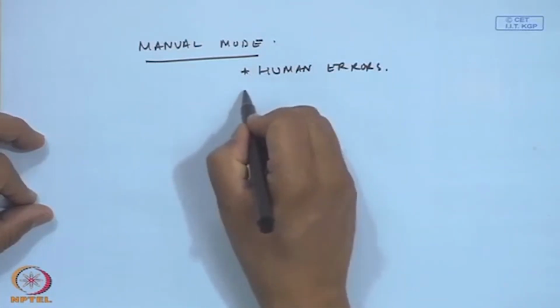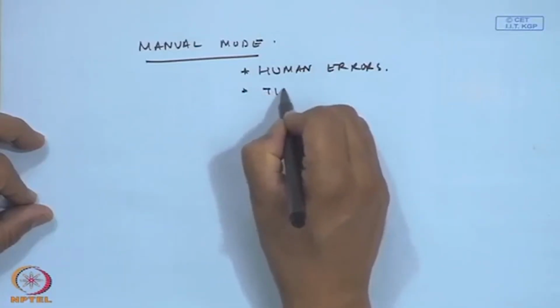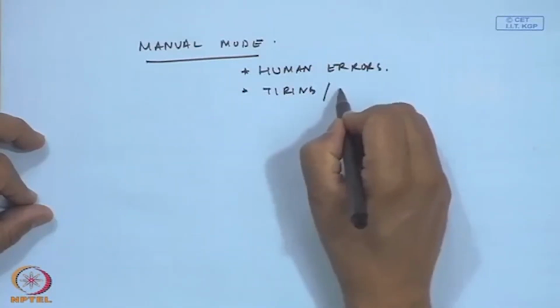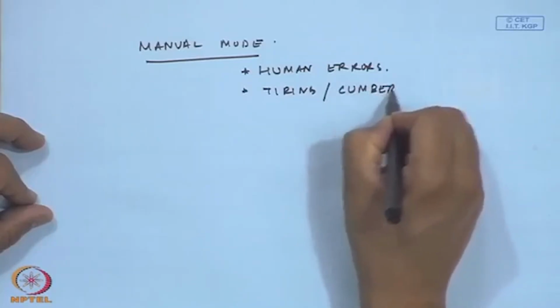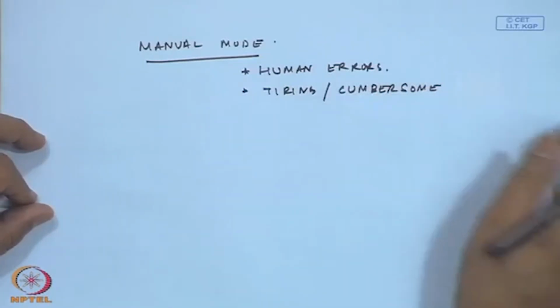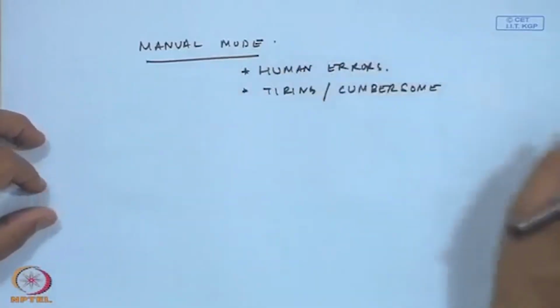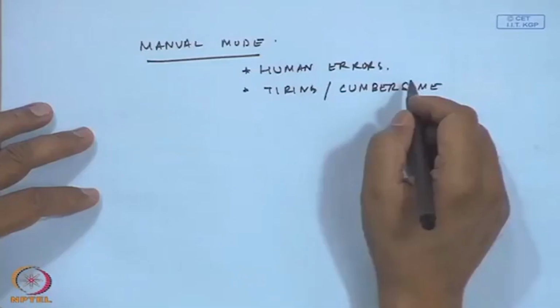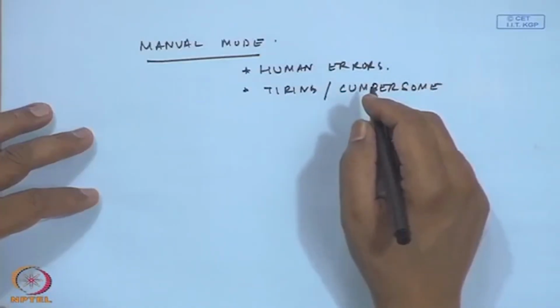Another was, it was tiring and cumbersome, because visually you have to read all the meters in the control room, and the control rooms could have panels of meters, and this was a very tedious process. There have been instances where people have reported that because of a wrong reading recorded by a person, the interpretation was wrong, and then the analysis or the prognosis was not correct.